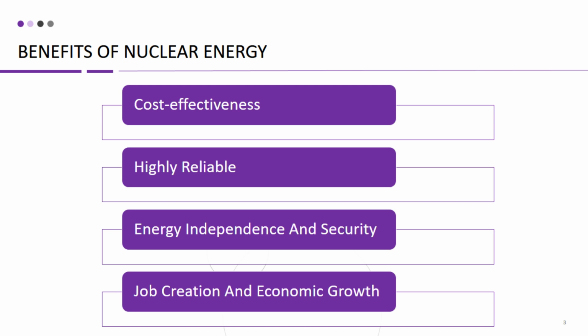Countries that have access to nuclear power can reduce their reliance on imported fossil fuels and avoid the volatility of the international oil market. This can also help to insulate economies from disruptions to energy supplies due to political or economic factors.